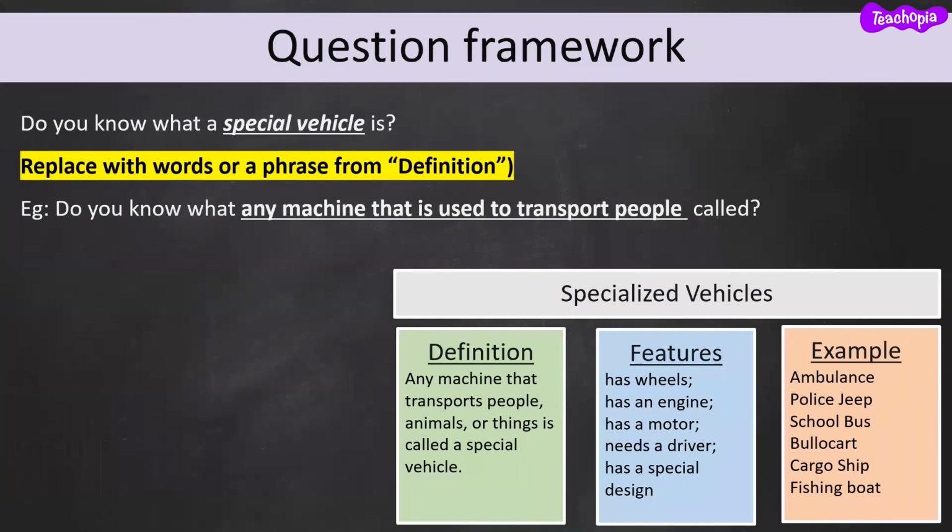Here is a question. Do you know what a special vehicle is? Here I have identified that the word special vehicle belongs to my definition category. So now I know that I can replace special vehicle with any phrase or any particular keyword from my definition category. So I can change my question from do you know what a special vehicle is to do you know what any machine that is used to transport people is called?